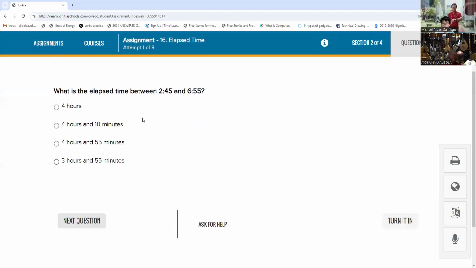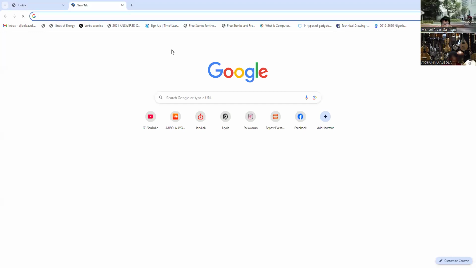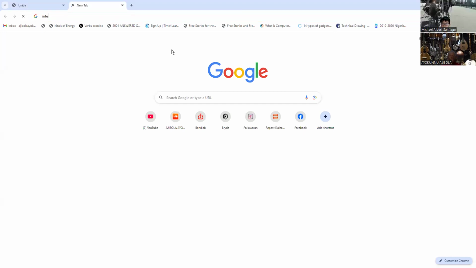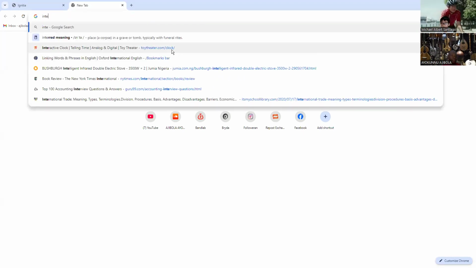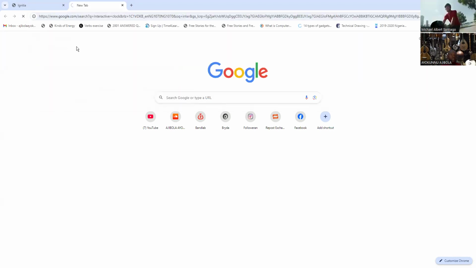What is the time elapsed between 2:45 and 6:55? Okay, let's use this interactive clock.